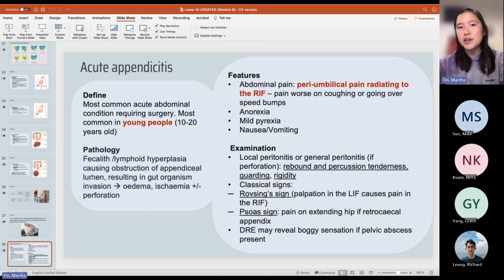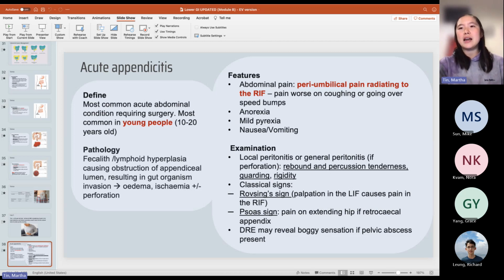It can be a foreign body, it can be fibrous tissue, just something that causes obstruction in the appendix, and then it causes bacterial multiplication and potentially damaging the tissue, causing all this inflammation and leading to potentially some tissue necrosis from ischemia or even perforation. So potentially quite bad.